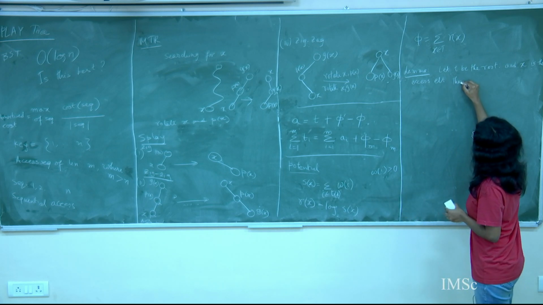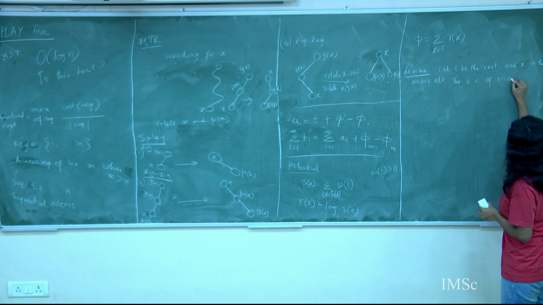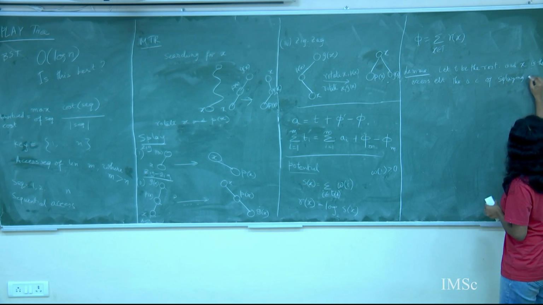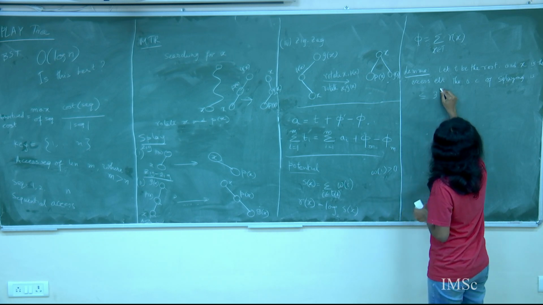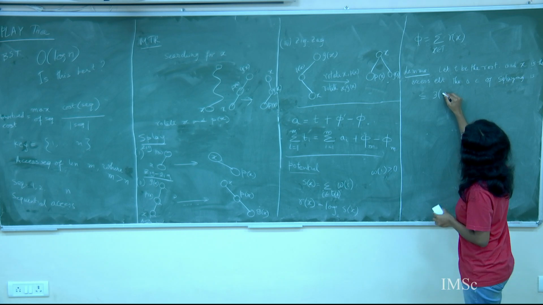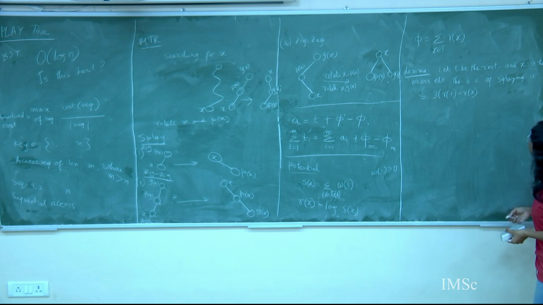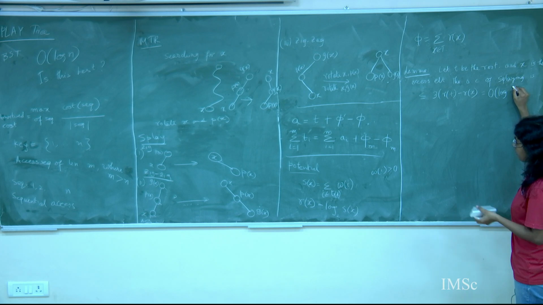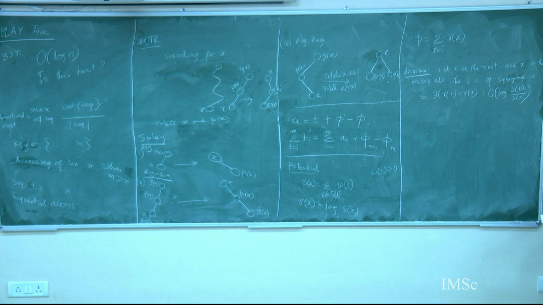The amortized cost of access, or splaying, is at most 3(r(t) minus r(x)), which is actually order of log of s(t) by s(x), right? So this is what we claim.